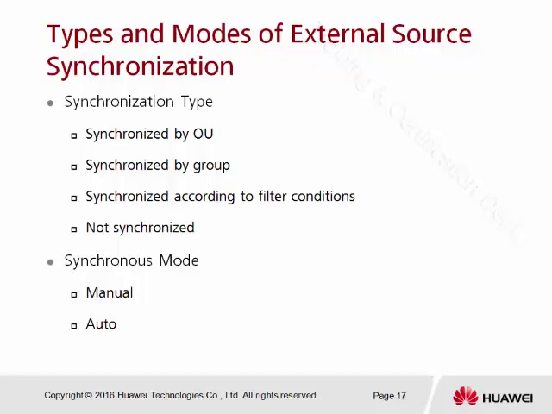If you're using manual, we need to create all the OUs, groups, and users by ourselves. Auto means that after you set up some parameters on your Agile controller, you do the auto synchronization.